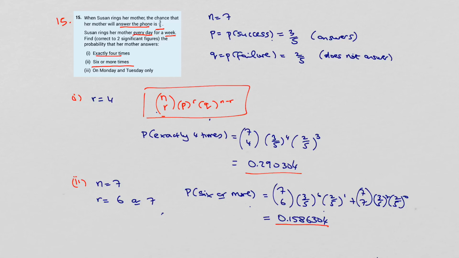Okay, and then if I go on to the next page, we're asked for on Monday and Tuesday only. Okay, now Monday and Tuesday are specific days. So again, this is like the previous question where we're given a specific order. In other words, the days in which she's going to answer.